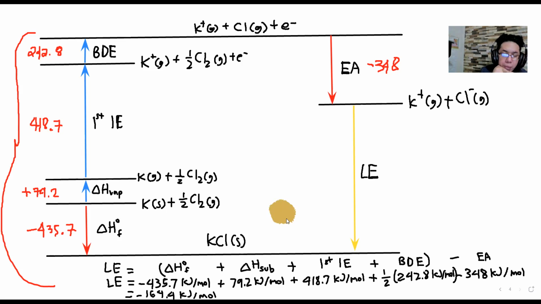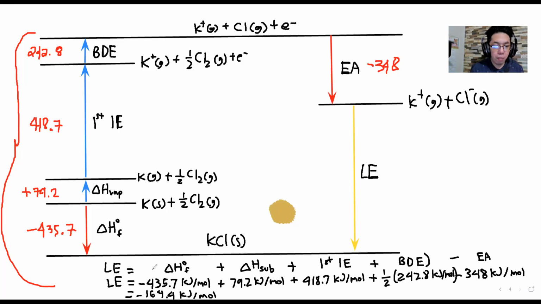Okay, tama tayo. So, your delta H naught formation should not be negative. So, instead, it should be negated. So, dapat negative delta H naught formation ito.